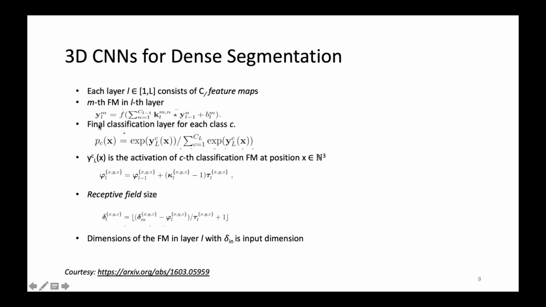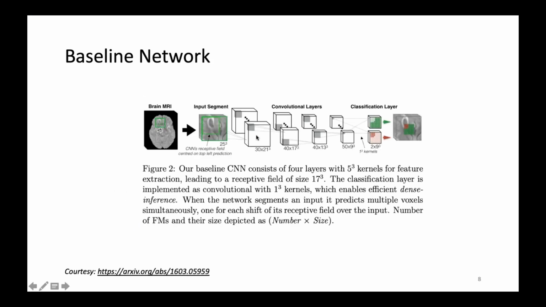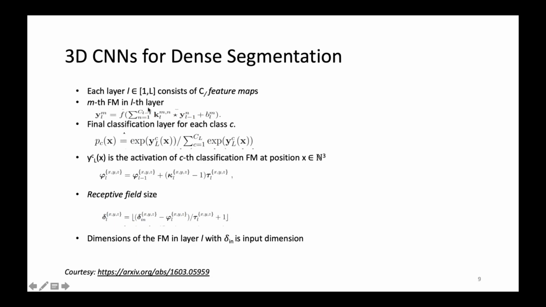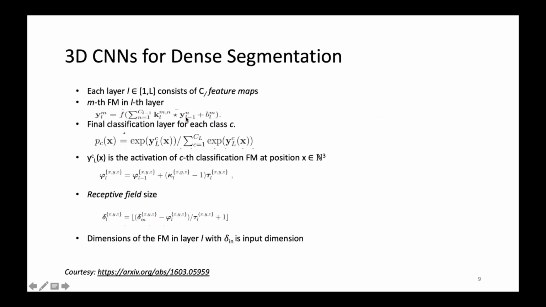So here is what happens: each layer consists of C_l feature maps. As we saw previously, each layer gives the C_l feature maps, and in this equation K is the kernel dimension, Y is the output of the previous layer, and B is the bias.